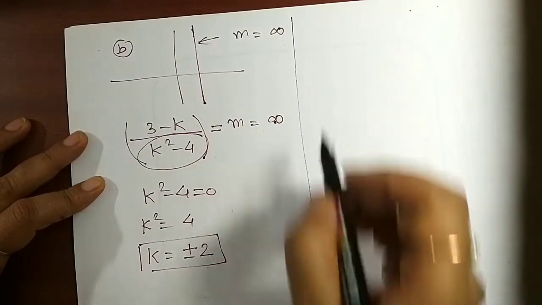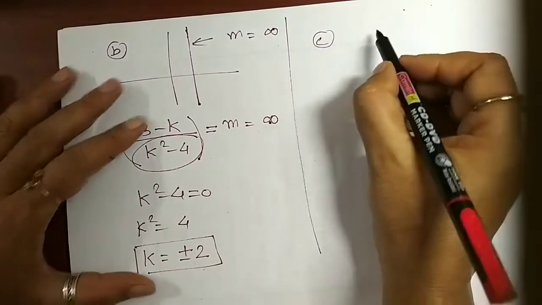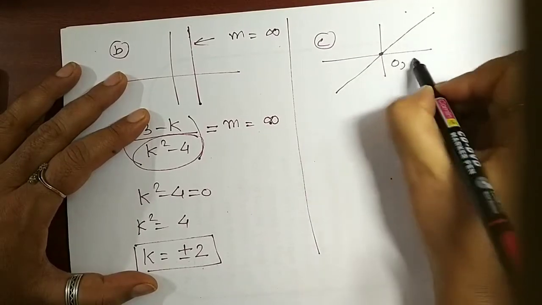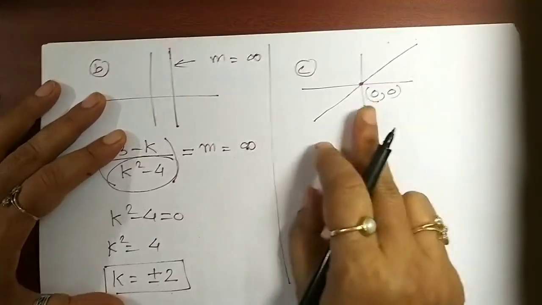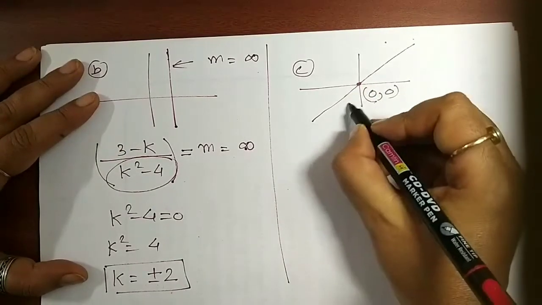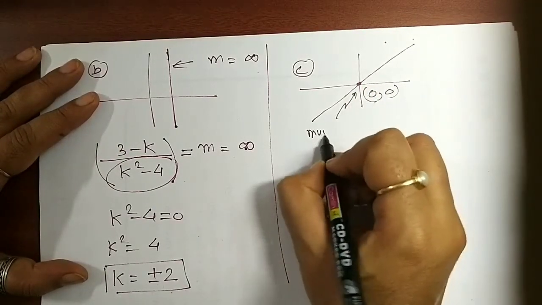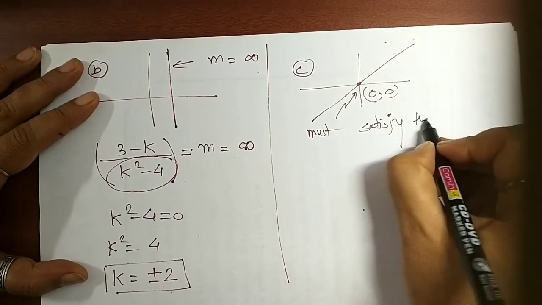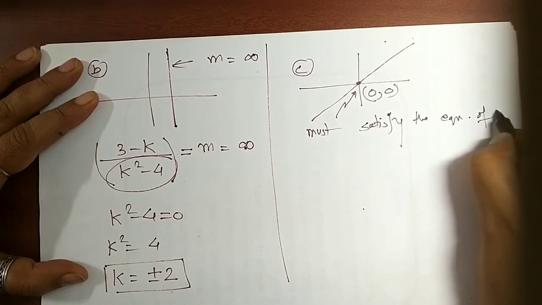Now for c part, they are saying it is passing through origin. Line is passing through origin. If any line passes through origin, what happens? This must satisfy the equation of line.